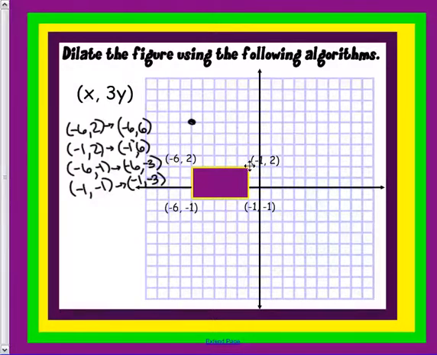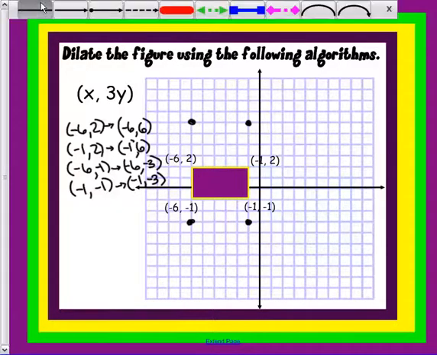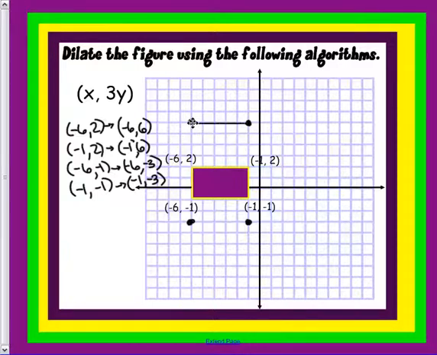This one would become negative 1, 6. This one would become negative 6, negative 3. And this one would become negative 1, negative 3. So when we fill in our shape, it is getting longer, or I guess taller, on the y-axis.